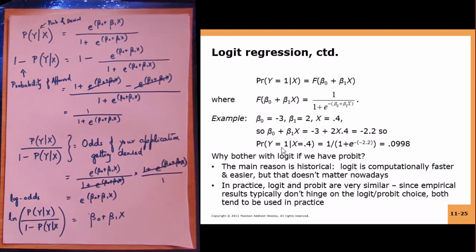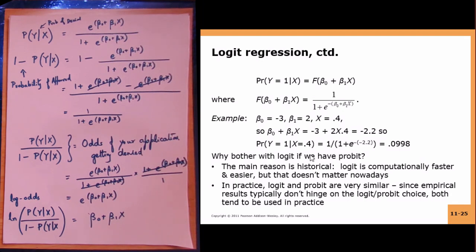So probability of y equals 1 given x equals 0.4 is nothing but 1 by 1 plus e to the power of minus the z index. Notice this minus, the negative of the z index, and the z index itself is negative, that is -2.2. So e to the power of plus 2.2, that is 0.0998.